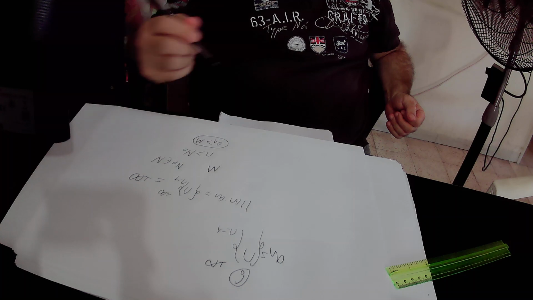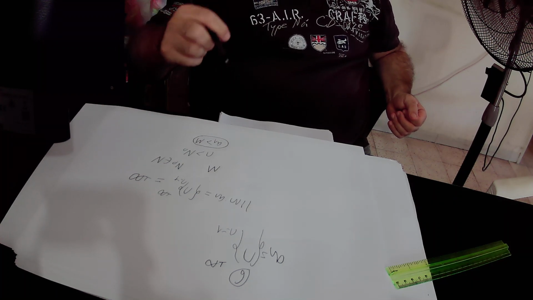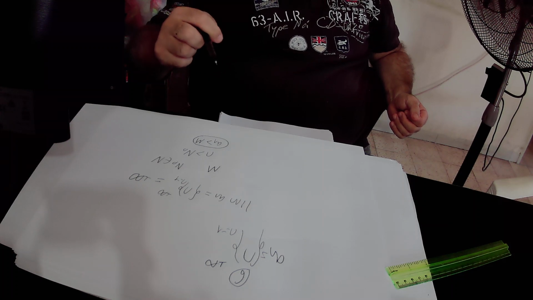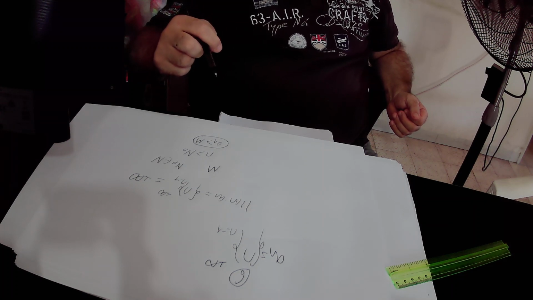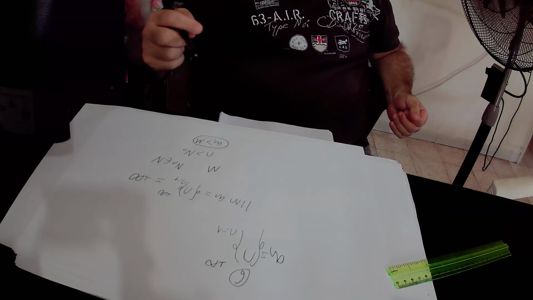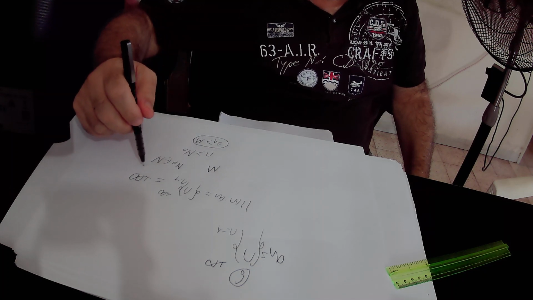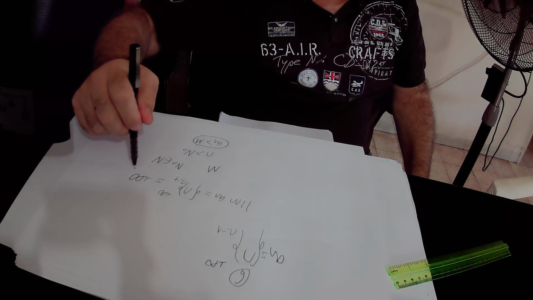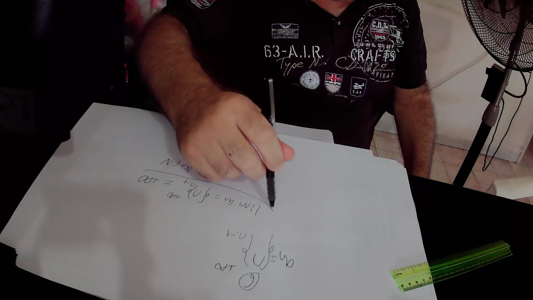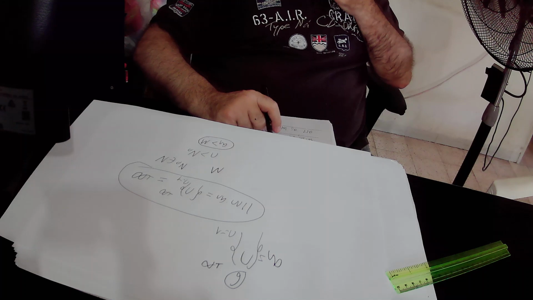And because the members of the sequence are greater than any real number that we choose, it means that they tend to infinity. That is to say, the limit of the sequence of the natural numbers is equal to plus infinity. Okay?